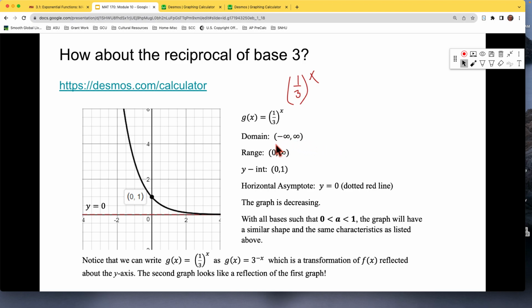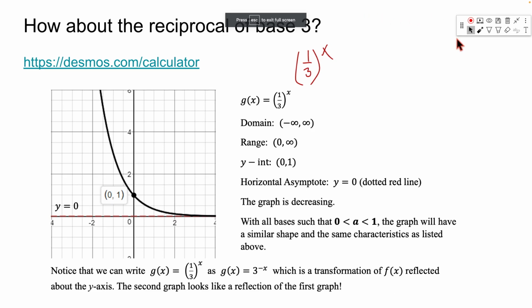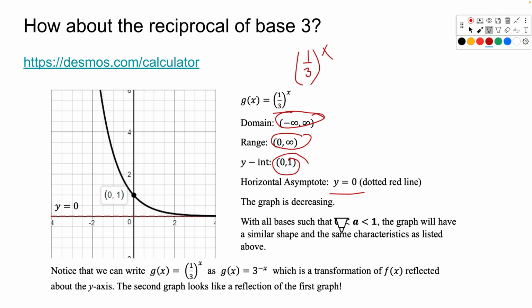The domains are still the same, negative infinity to infinity. So even the reciprocal function, we see that the range is the same. We see the y-intercept is the same. We see the horizontal asymptote's the same. The one thing we see is that it's a decreasing function instead of an increasing. Okay, so it's going down from left to right.